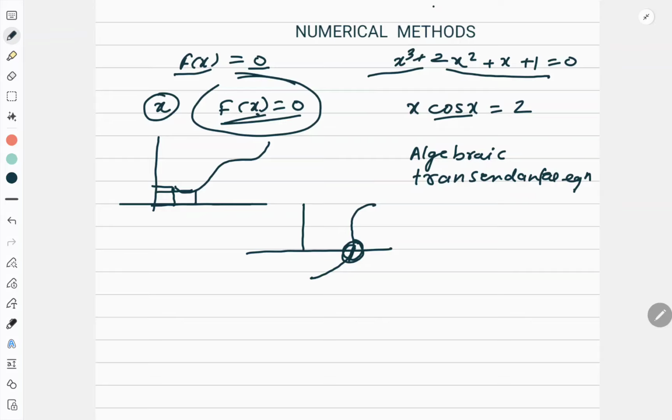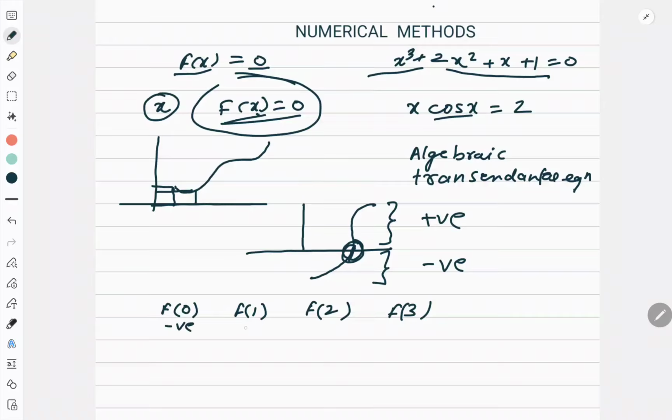So how is it going to help me? See, the value of y in this region is positive and the value of y in this region is negative. So when I find the value of the function at different points and suddenly there is a change from positive to negative, you should understand that you have crossed the root, you have crossed the x-axis. So the first step in this method is always, whatever function is given, find f(0), f(1), f(2), f(3).